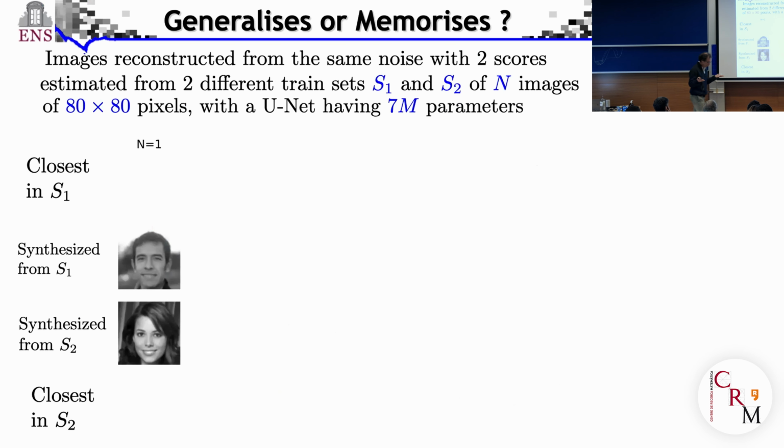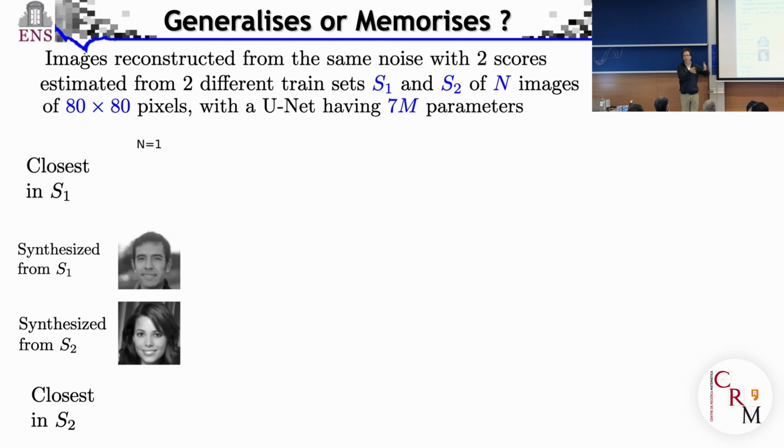So here are the experiments that we've been doing with Zahra Kadkhodaie and Florentin Guth. The idea is the following. Is the image produced with your sampler depending upon the training data or not? To check that, you take your training data and separate it into two pieces.